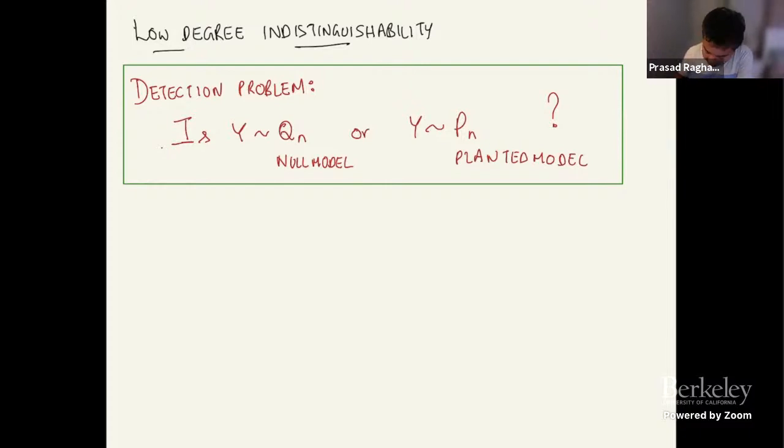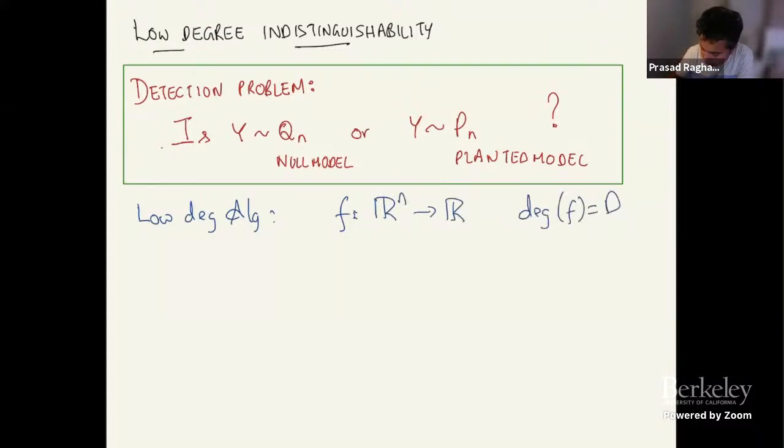And what would a low degree algorithm do? Well, a candidate low degree algorithm would do the following. You would have a polynomial f that takes the input and outputs a real number. Let's say it's a low degree polynomial. And what you'd hope is that under the planted distribution, the value of the polynomial is large.